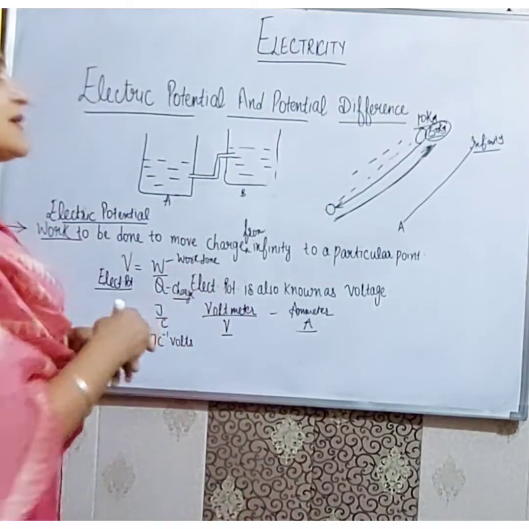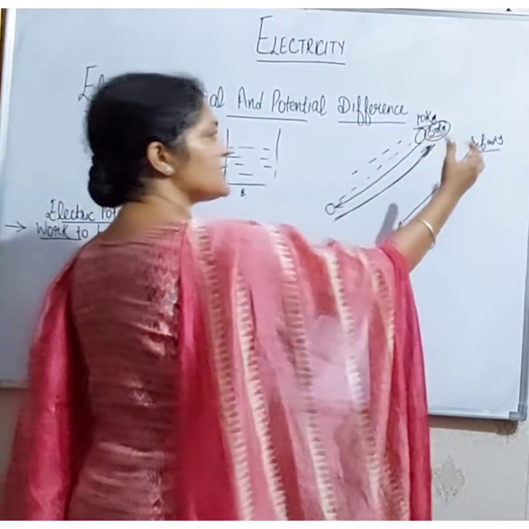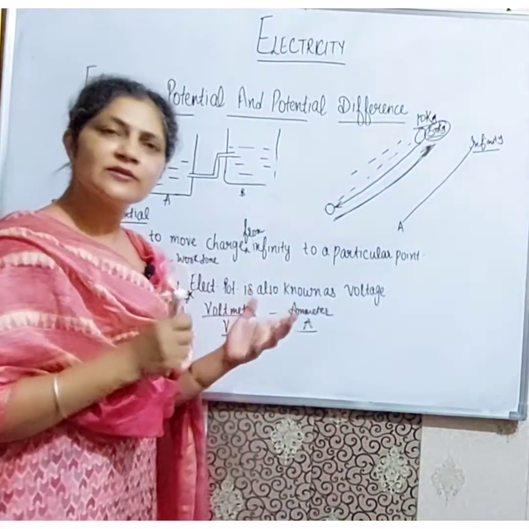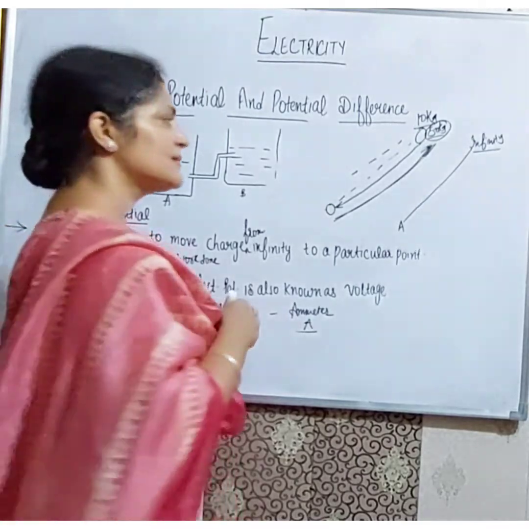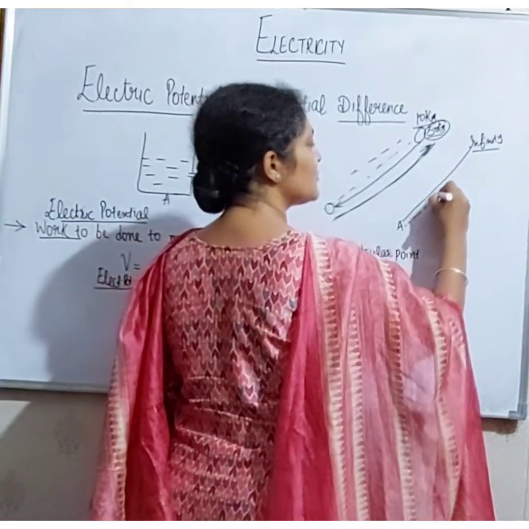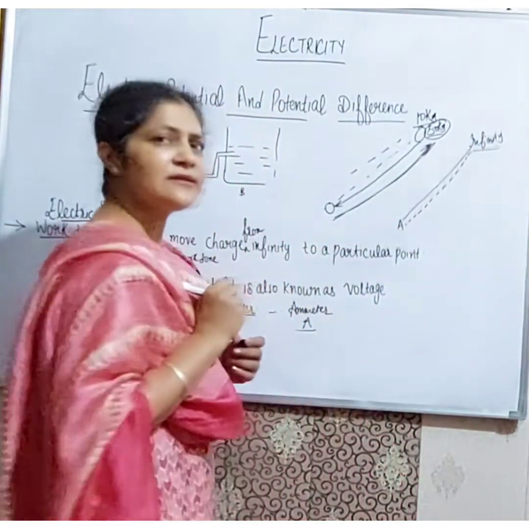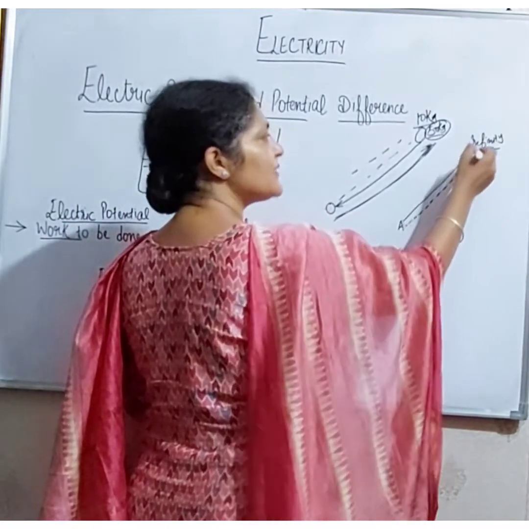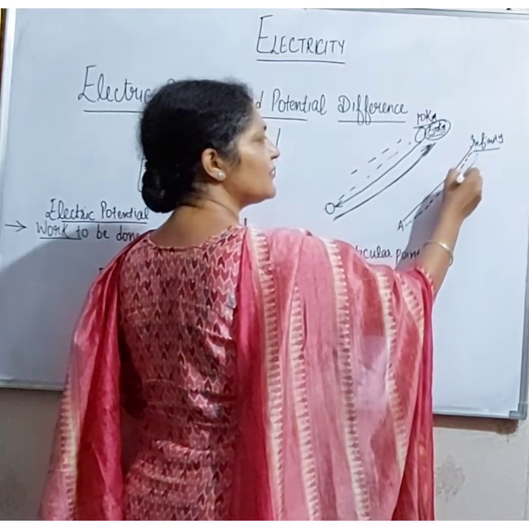Now students, when I have brought this charge from infinity to a point A, work has to be done. Then somebody can send this charge again to infinity. Right, students? I again want to bring this charge to a particular point.